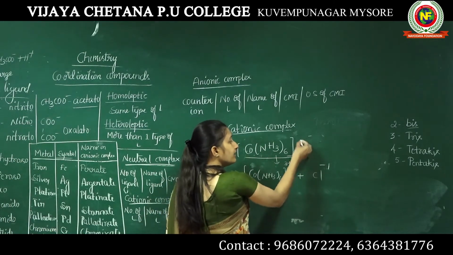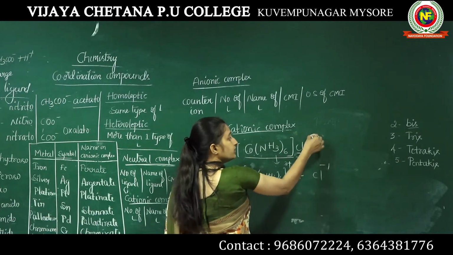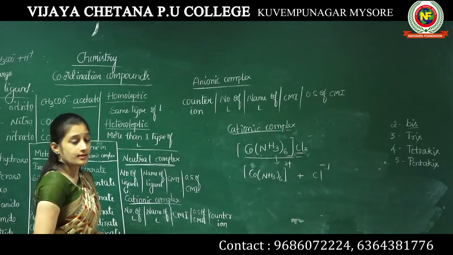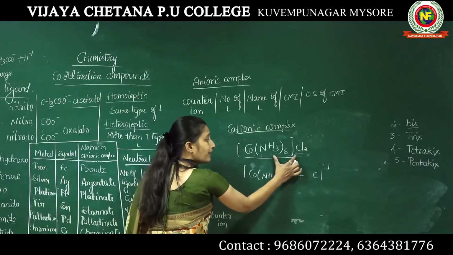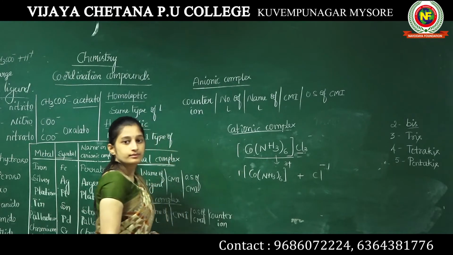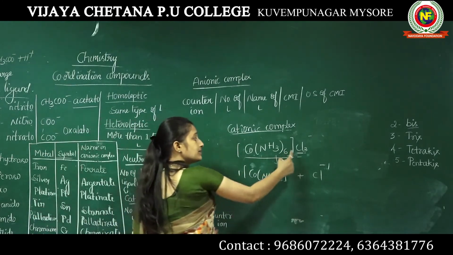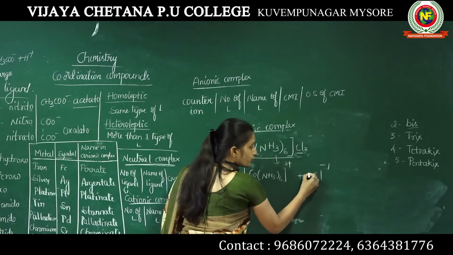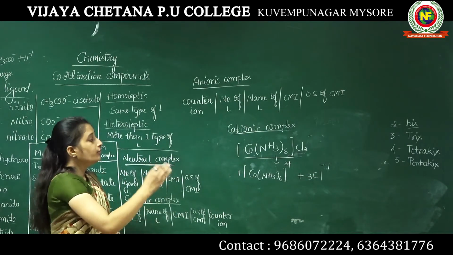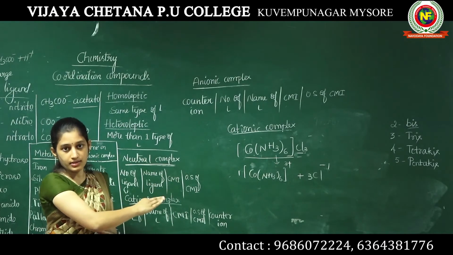Now this 3 will come this side, and this 1 will go this side. How many times is the complex there? Only one time, that's why 1. How many times Cl? Three times. So 3 Cl minus. This is the way we ionize this.